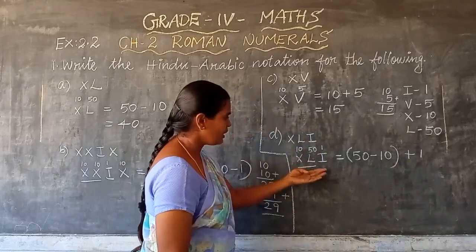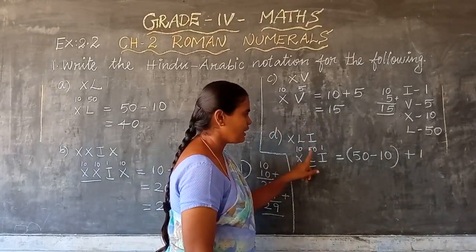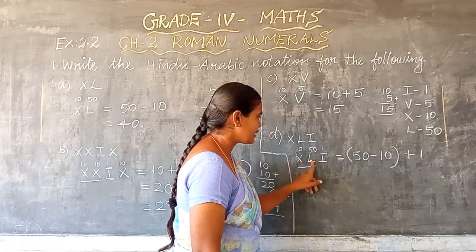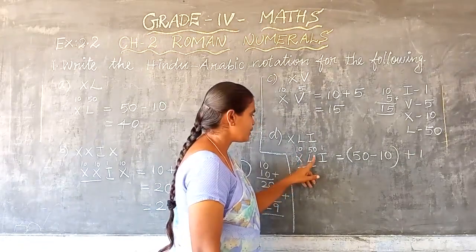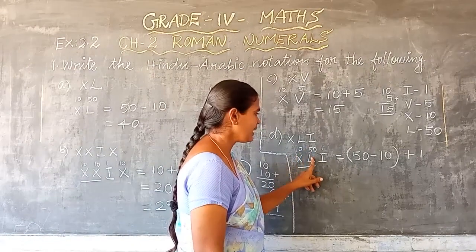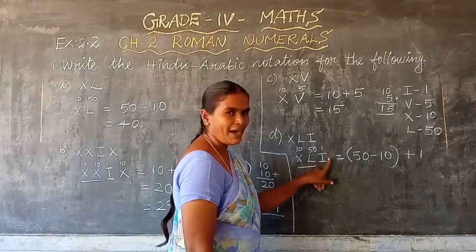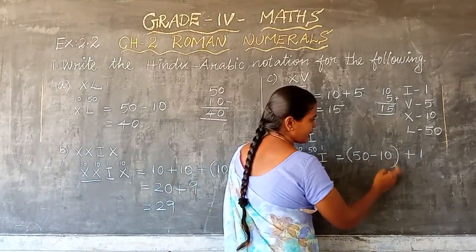Okay. See here, XL. X value 10, L value 50. So greater number, left side we have the small number. So first do the subtraction of these two numbers. Then you add this I value 1. Add 1. So 50 minus 10.